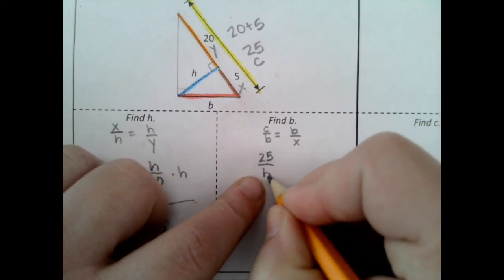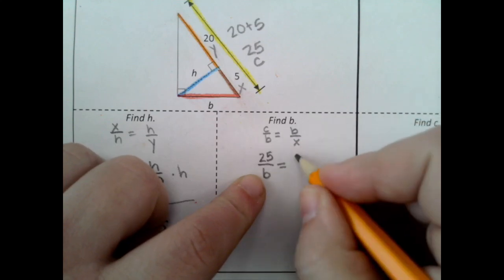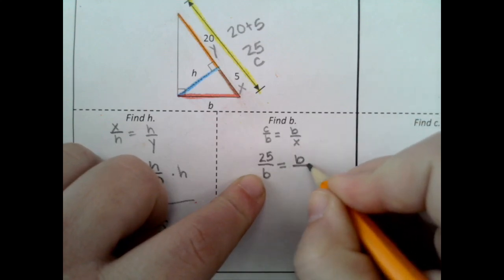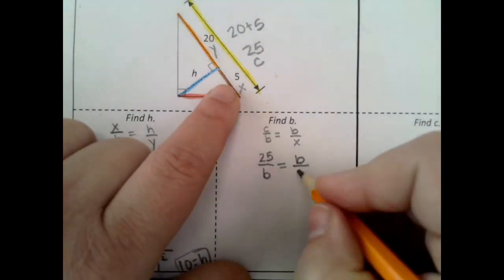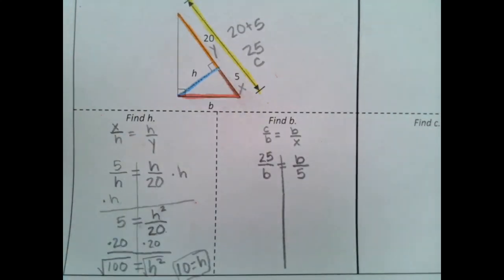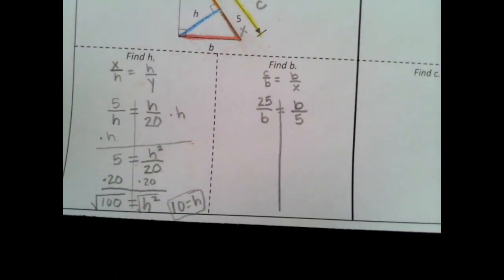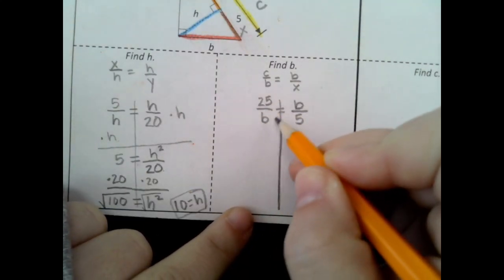So 25 over B equals, again we have another B over, and then what's our X? X is 5, good. And then we're solving that equation. All right, so to find B here, our goal first is we need B's on one side. I don't like B on the bottom.